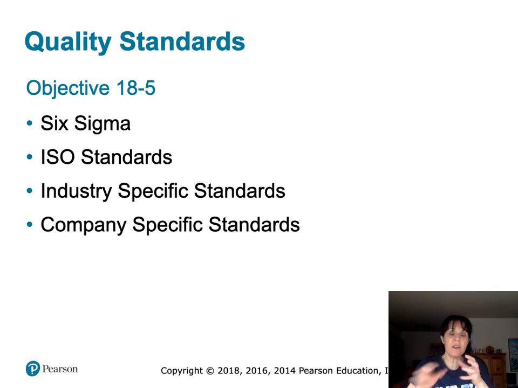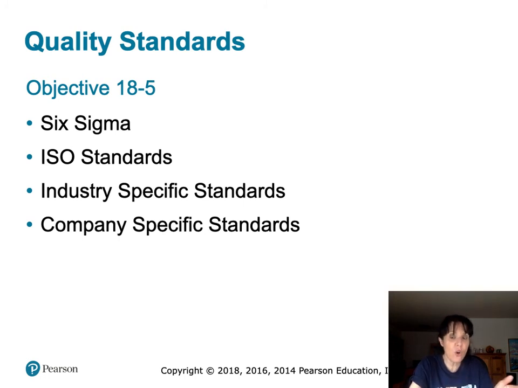Six Sigma, think of it as a very statistical, effective approach to quality management developed by Motorola and popularized by General Electric. It's a highly focused system of quality control that scrutinizes a company's entire production system.